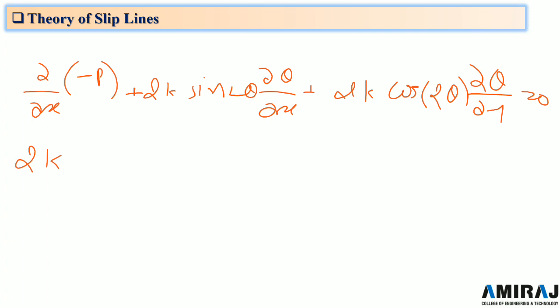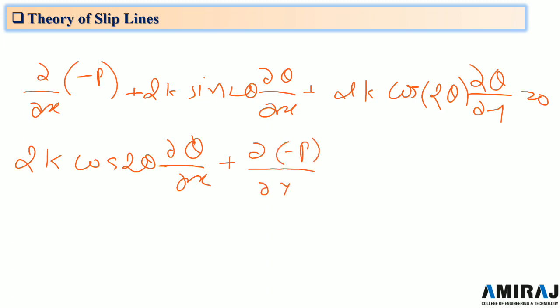Another equation: 2k cos 2 theta del theta by del x plus del (minus p) by del y plus 2k sin 2 theta del theta by del y equal to 0.